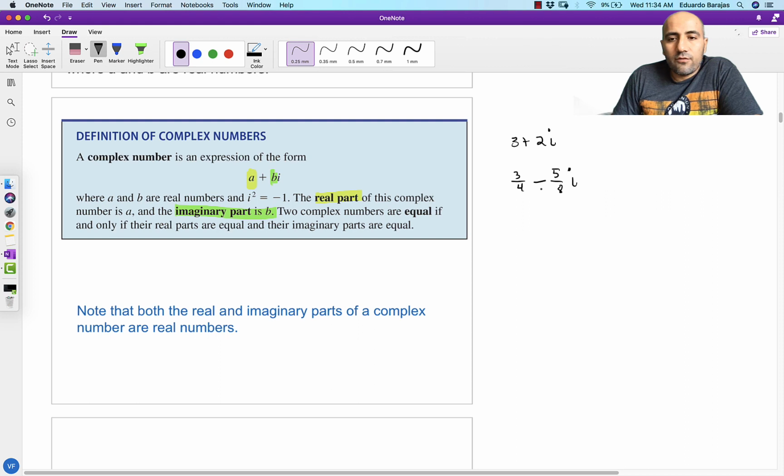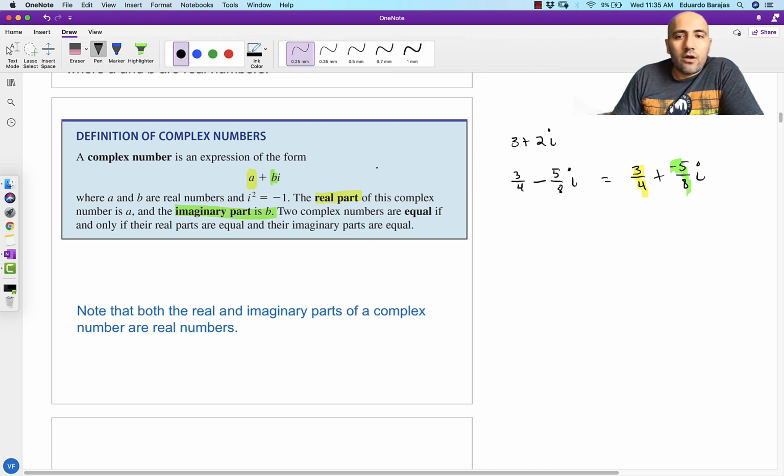In this case, of course, we know that we have to rewrite it as an addition. So this would then be rewritten as 3/4 + (-5/8)i. And now we have that the 3/4 is the real part and the -5/8 is the imaginary part of our complex number.